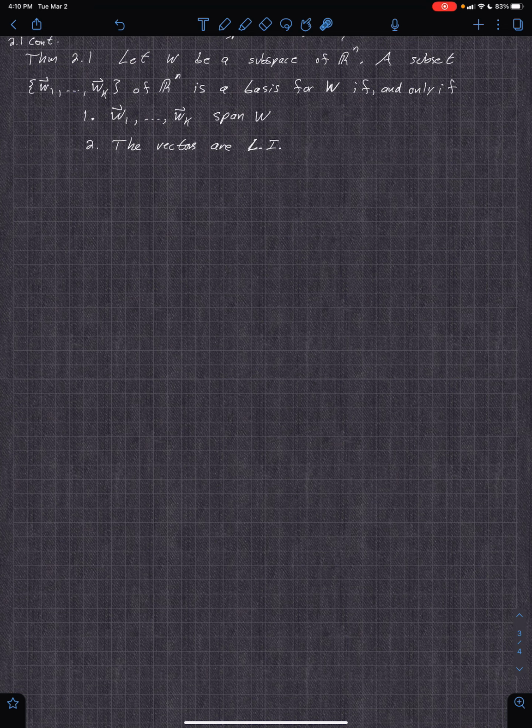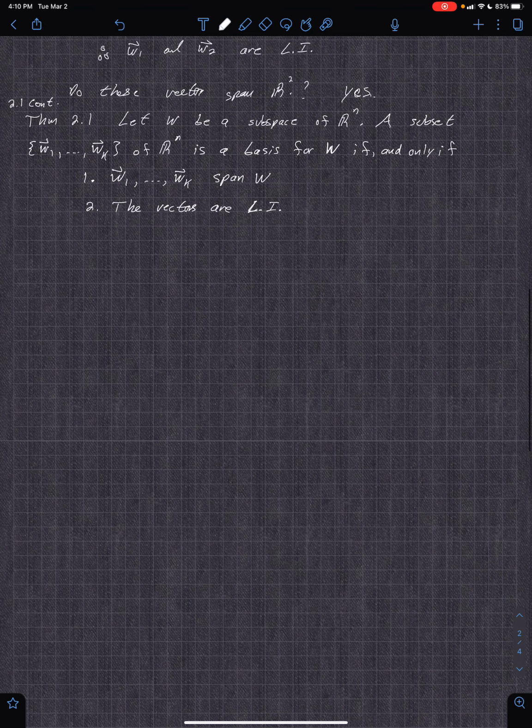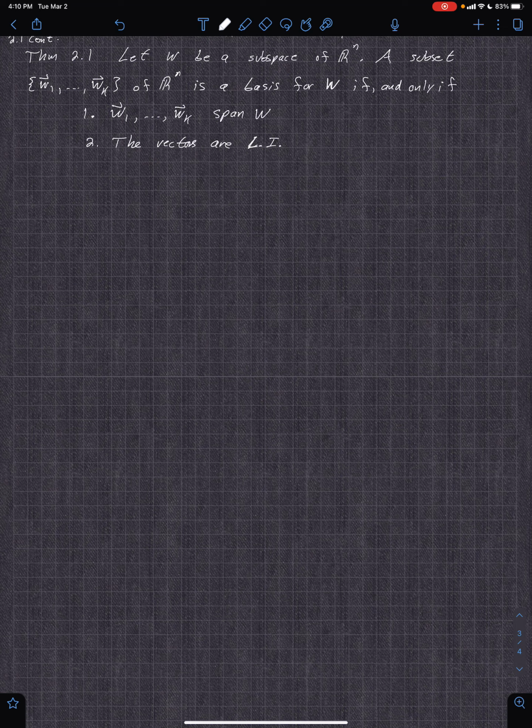This book uses the concept that there is a unique linear combination for every vector, including to get 0. And it ties into linear independence as well.